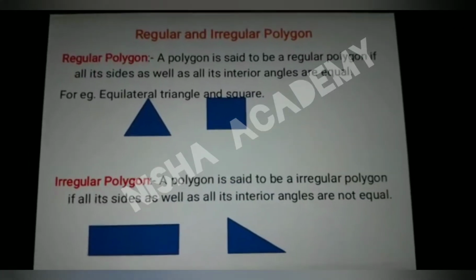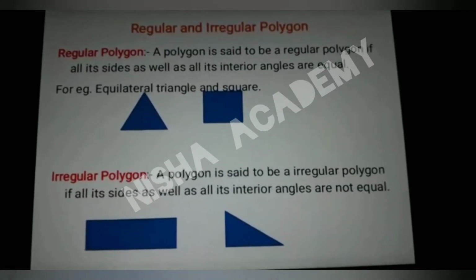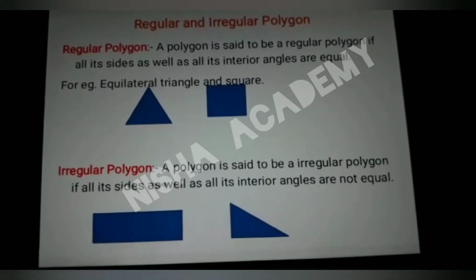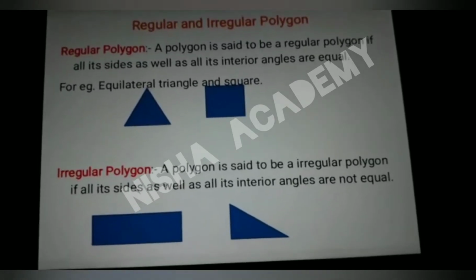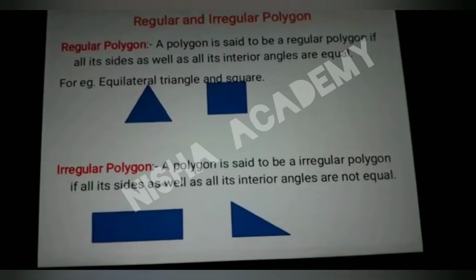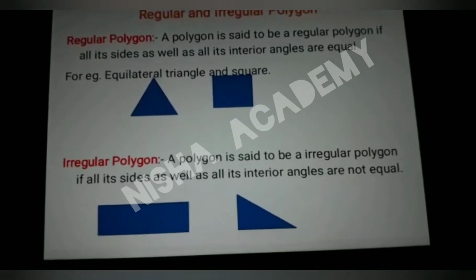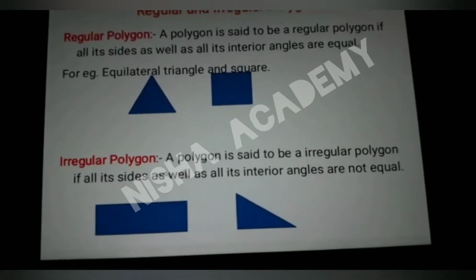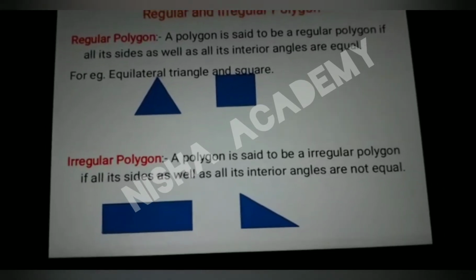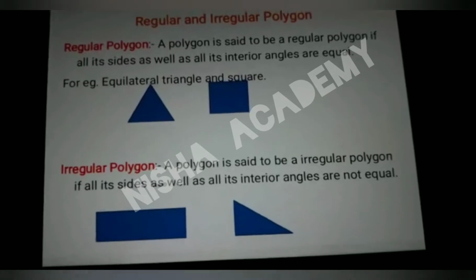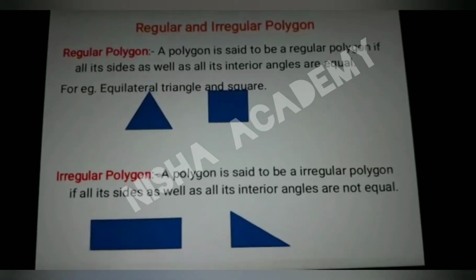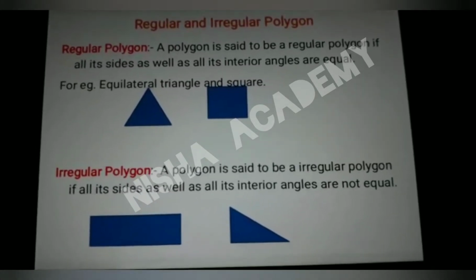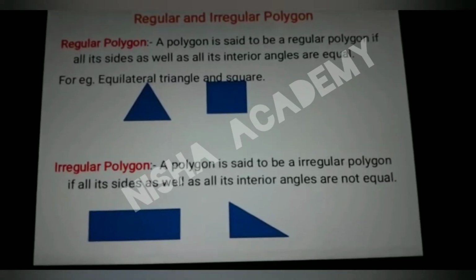The simple difference is that in a regular polygon, all its sides and interior angles are equal. For example, in an equilateral triangle, all its sides are equal and all its angles are 60 degrees. While in a square also, all its sides are equal and all its angles are 90 degrees.